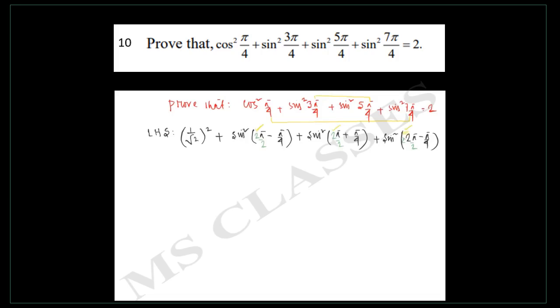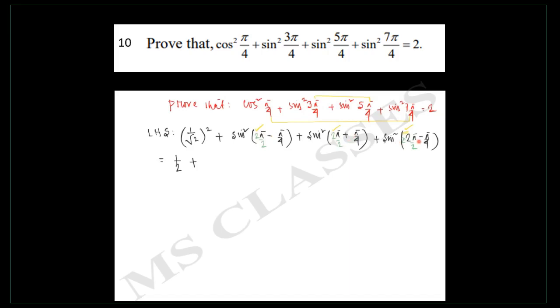So basically what we get here, it is 1 by 2 plus sine square 2 pi into pi by 4. So it is an even number, that means you will definitely get sine. Here also you will definitely get sine. Now the question is about the sign. Which quadrant? This is in the second quadrant, this is in the third quadrant, this is in the fourth quadrant.